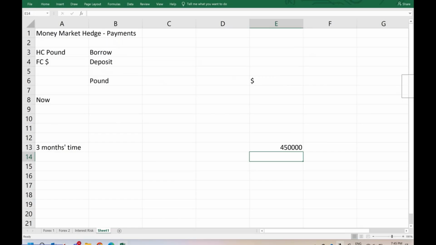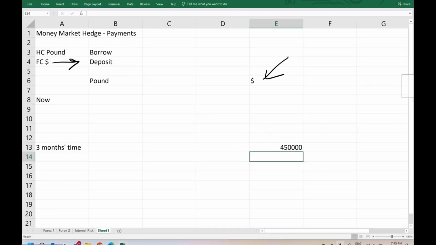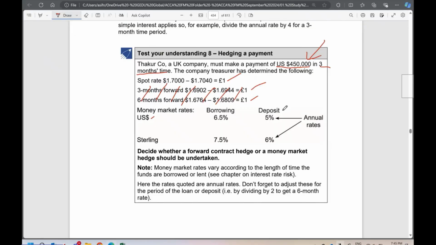So this is the dollar. Which rate of dollar we have to use? See, deposit rate. Examiner will confuse you with both the rates. Look, for dollar, we need the deposit rate, not the lending rate. So deposit rate for dollar is 5%.